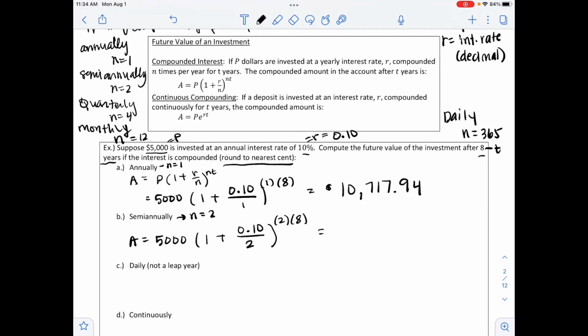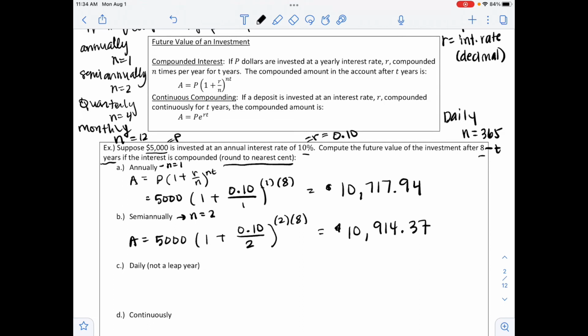Substituting this into our calculator and working this out, rounding 2 decimal places, we get $10,914.37. So yes, it is a little bit more. I would take the extra almost $200 easily. That's a lot. So you can see that as you increase your compoundings, you do increase the amount of money that you would have in your account.